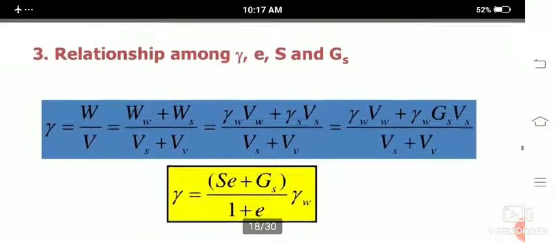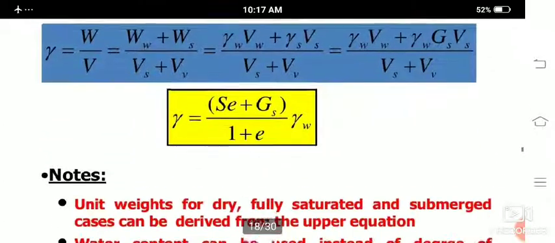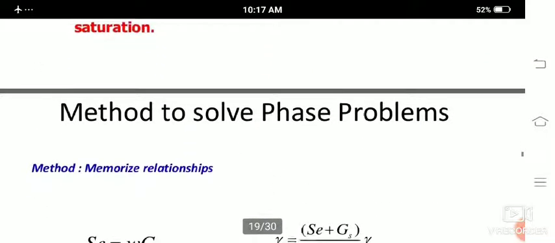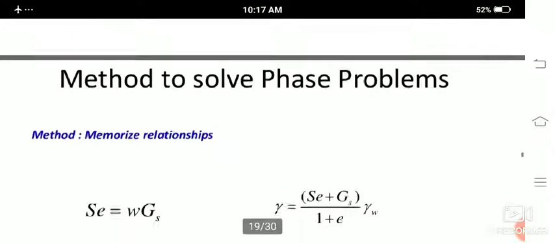Next, the relationship among gamma, void ratio, specific gravity of solids will be taken into consideration. So you will be getting another equation, as this equation is mostly used for dry, fully saturated and submerged cases to derive the equations. This is also used, instead of water content, for degree of saturation, and these types of equations are being used.